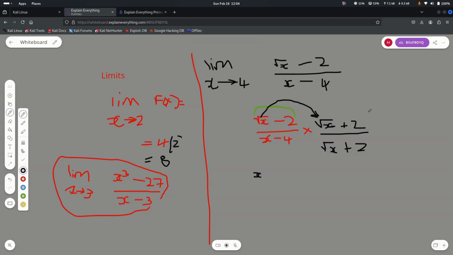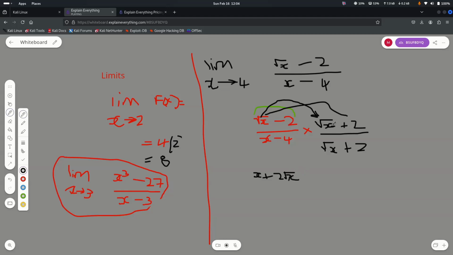Then we multiply this one by this one, it is going to be plus 2 square root of x, right?